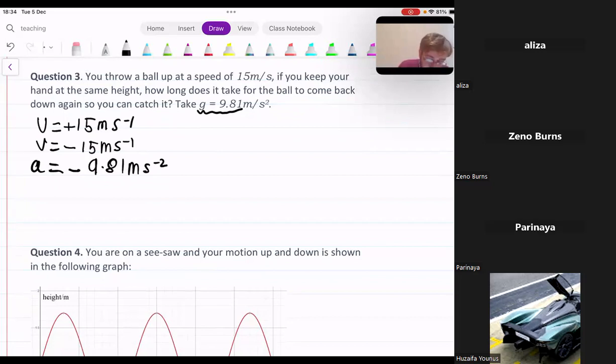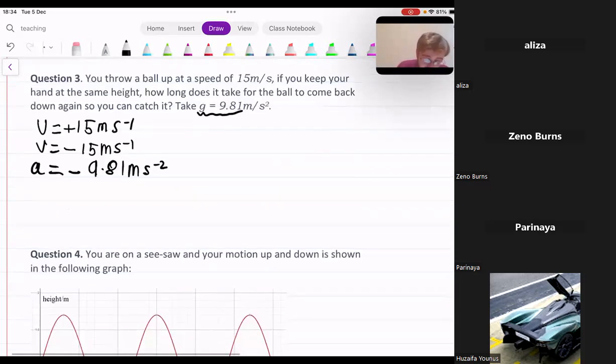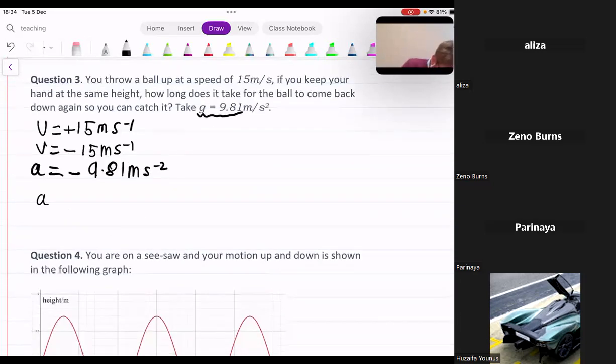To work out the time taken, we have acceleration equals change in speed, so final speed take away initial speed, divided by the time taken. We can rearrange this to get the time taken is final speed minus initial speed, divided by the acceleration.